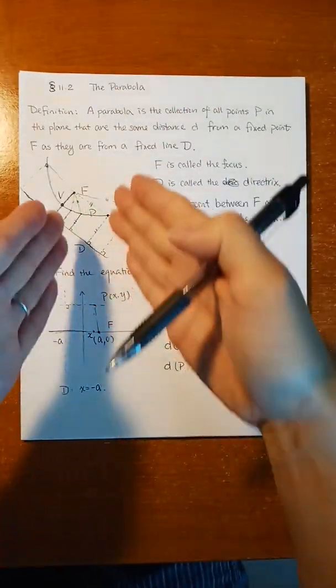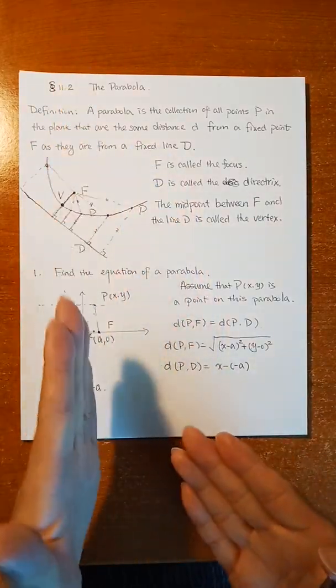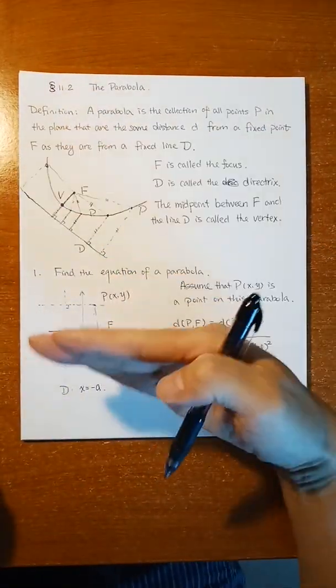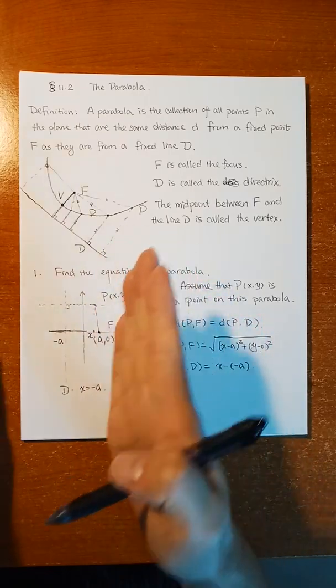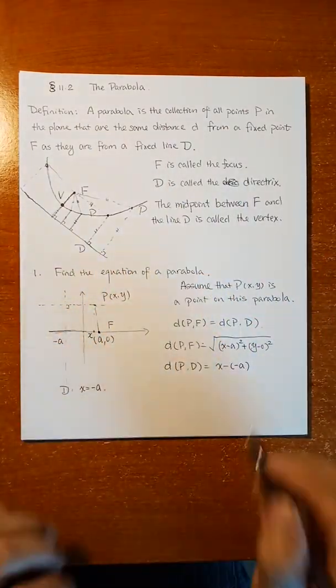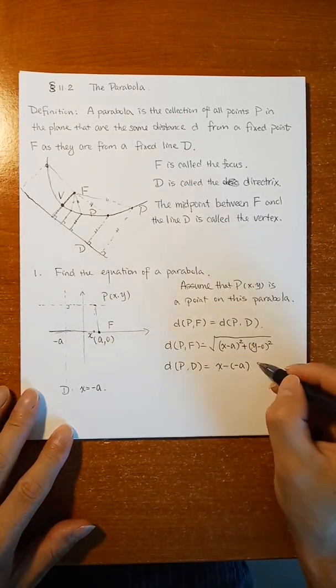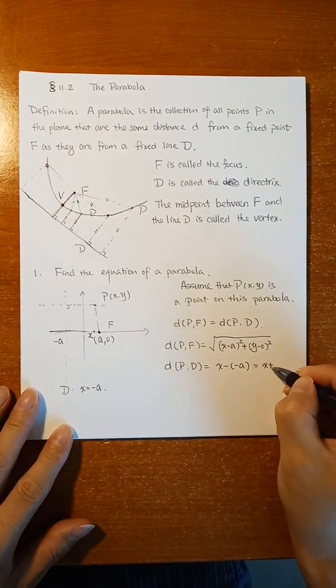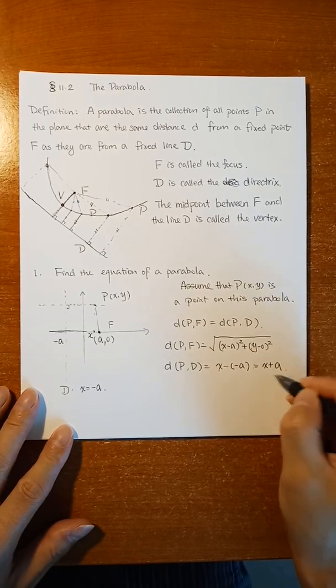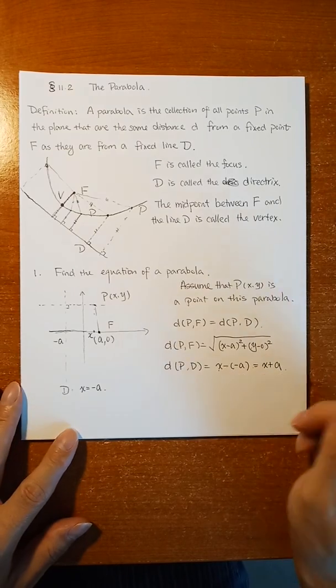If it's vertical, it's a difference of y coordinate, like different level. Horizontal distance is difference of x coordinate, right subtract left. X minus negative a is x plus a. Well, this is the simplified version, but by the definition, it's always subtraction.